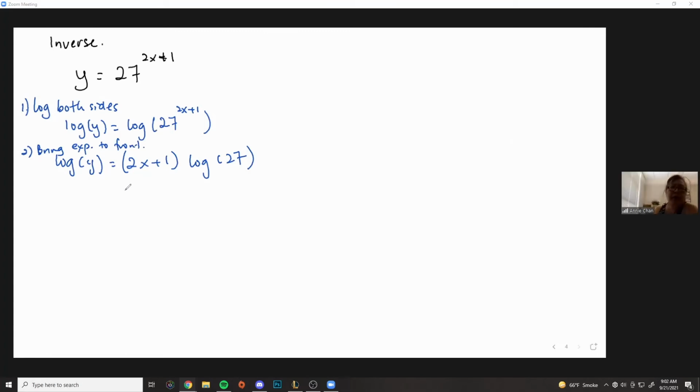Well, at this point, can we kind of switch x and y? We're not solving for x. We're finding the inverse. Yeah, so now we can start working on the inverse, right? Because how do we work on inverse?